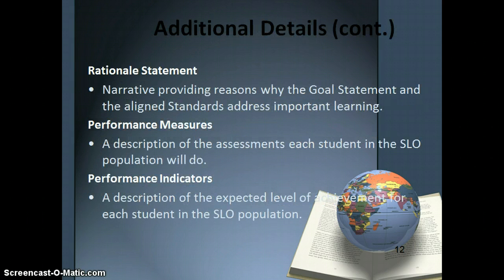The rationale statement provides reasons why the goal statement and the aligned standards address the important learning. Performance measures are descriptions of the actual assessments administered to each student in the SLO population. Performance indicators describe the expected level of achievement for each student in the SLO population.